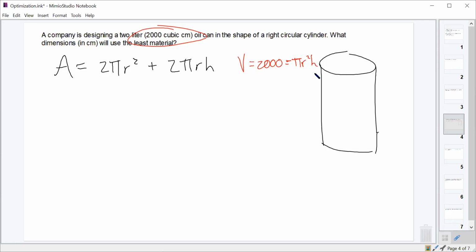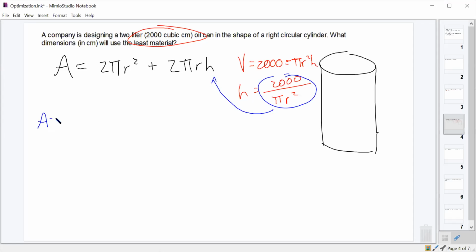So that should tell us that height is equal to 2,000 over pi r squared. Everybody agree with that? Cool. So now we can take that value for h and we can plug it in up here.